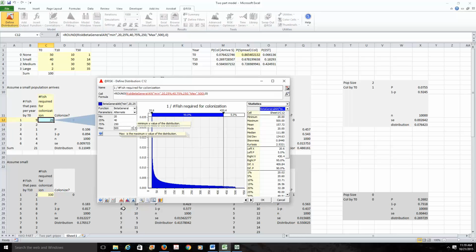And this expert says, if 500 fish get through in 6 years' time, I'm sure there will be colonization. And then we elicit these other values. There's a 25% chance that it could happen with 40 or less, and a 75% chance that it would happen with 250 or less.